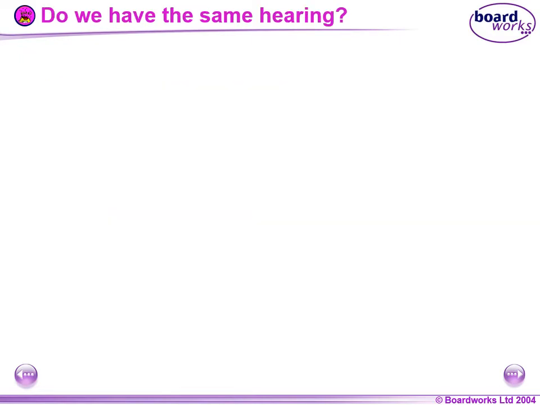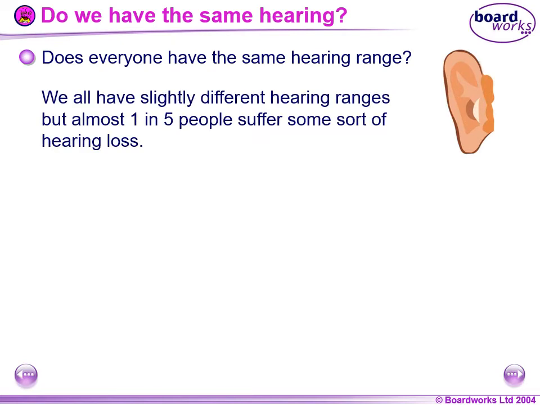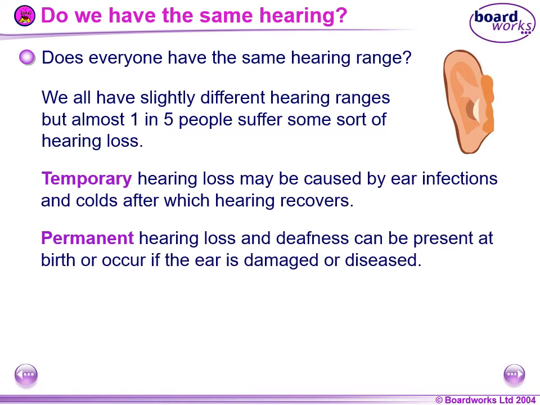Now, when we talk about the range that we talked about in the previous slide, do all of us have the same hearing range? No. It says that around 1 in 5 people suffer some sort of hearing loss, which can be temporary or permanent. Temporary is where we develop ear infections as a part of a cold or fever, but then we recover after that.